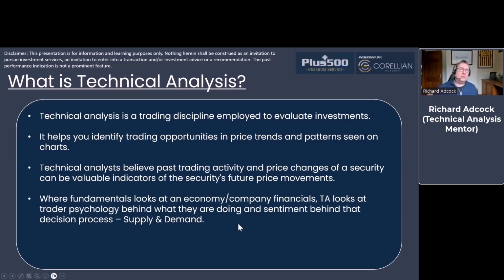Now, there are various types of analysis of markets, and one is fundamentals, the other is technical analysis. A fundamentalist looks at an economy and a company by studying its financial background and establishes where the risks are likely to be within that asset class.